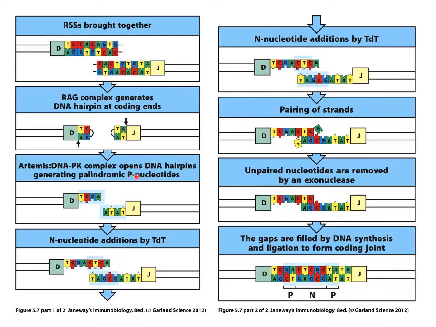So between the palindromic P nucleotides and the random N nucleotides, you're going to get a part where you can get some base pairing. Here the artist drew it as just 2, but I forget what the number is. It's going to have to be a little bit more than that to get stable complementary strand pairing.